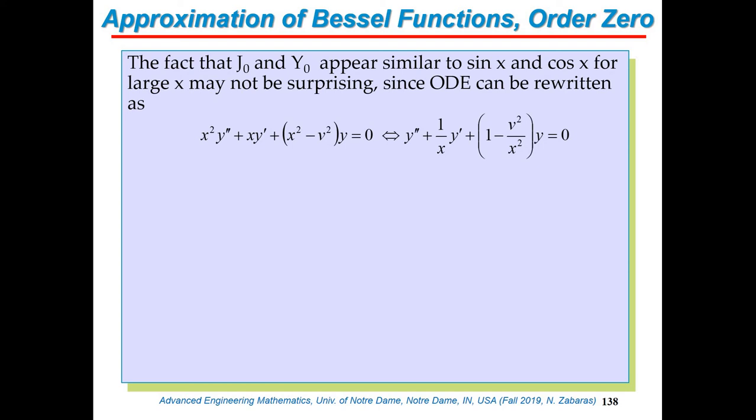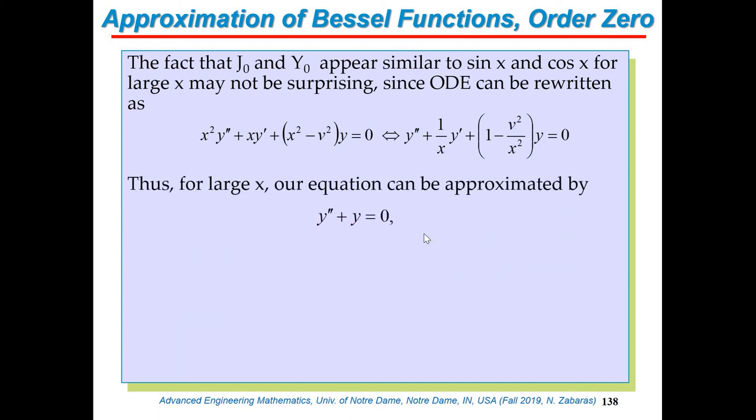And this is not very surprising, because if you look at the differential equation and you take the values of x to be very large, then the second term is negligible, and this minus nu squared over x squared is negligible, and the differential equation becomes y double prime plus y equal to 0. And as you well know, this equation has sines and cosines as a solution.